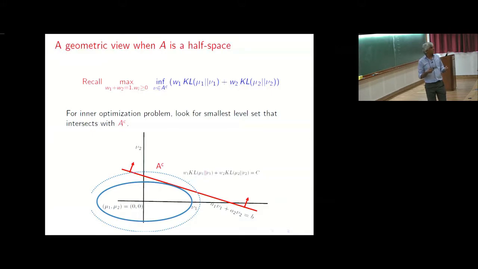This is nice because I can do this not just for one half plane, but also if this was a union of half planes at the outside. So if my A complement was a complement of a polytope, I'll look at all the half spaces, find the nearest one, and then do gradient descent and keep moving. So it's a proper algorithm which works in great generality. It would also work if my A complement was an arbitrary set, basically. But you have to figure out a few things then.